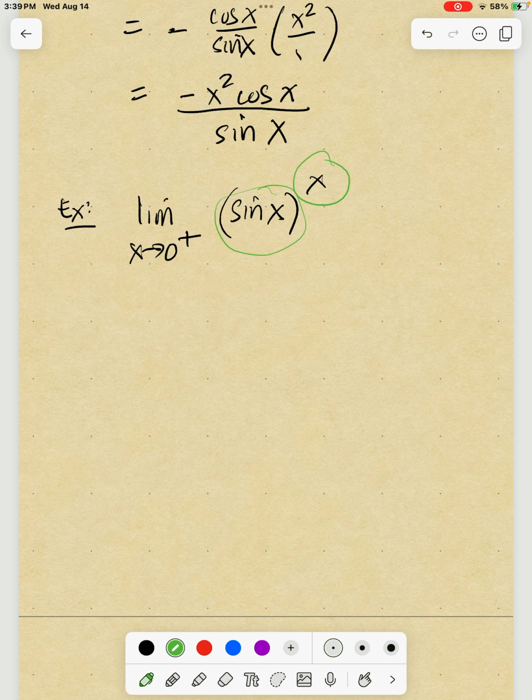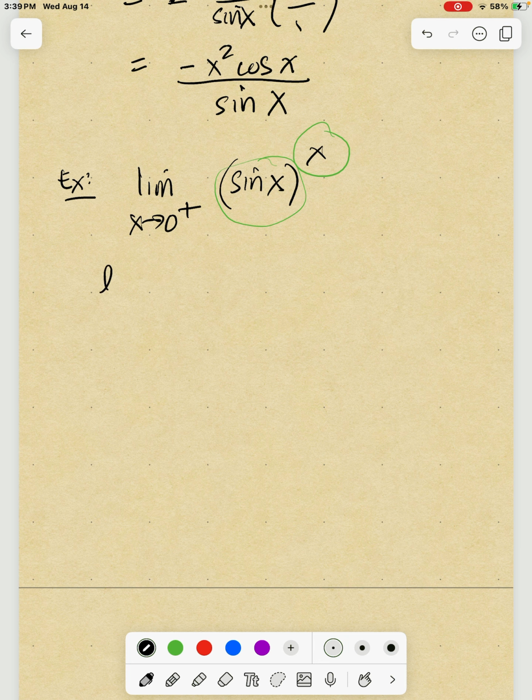And when you do that, generally what you want to do is take the natural log of that. So we'll take the natural log of sine x to the x. Maybe before we do that, I just want to explain why we do that. Okay, so this is equal to the limit as x goes to 0 from the right of e to the natural log of sine x to the x power, like that.